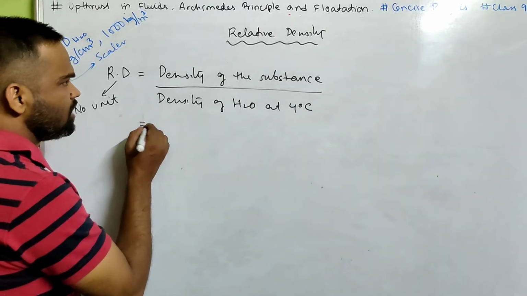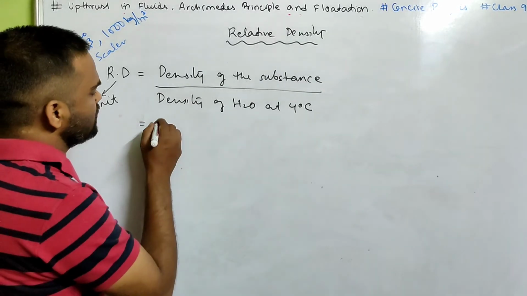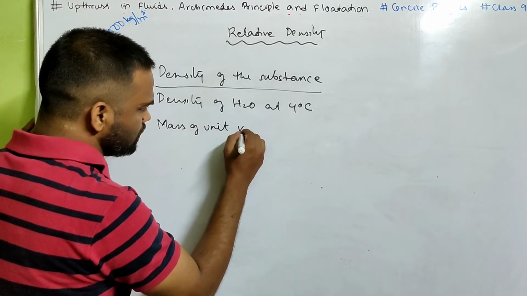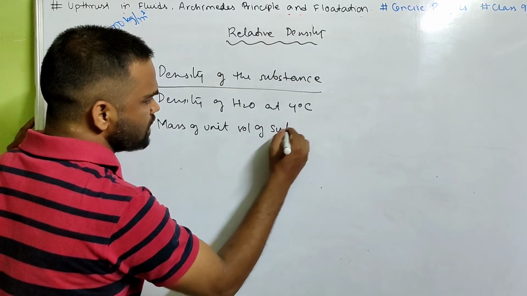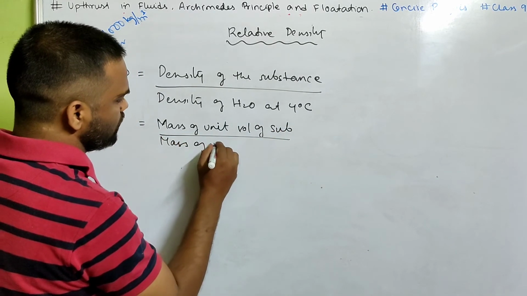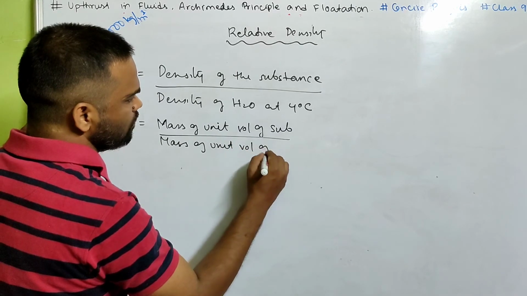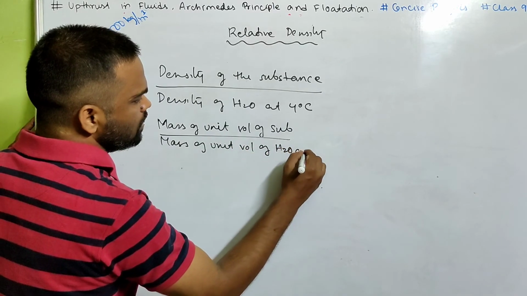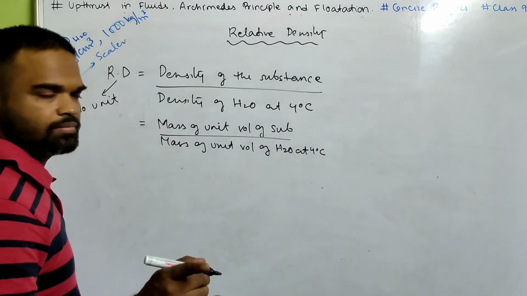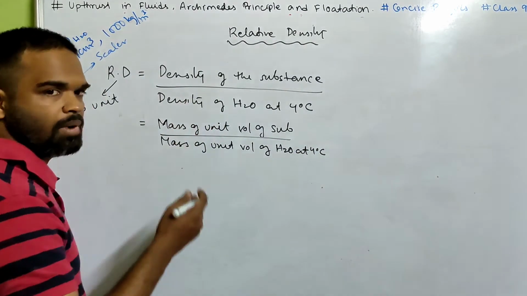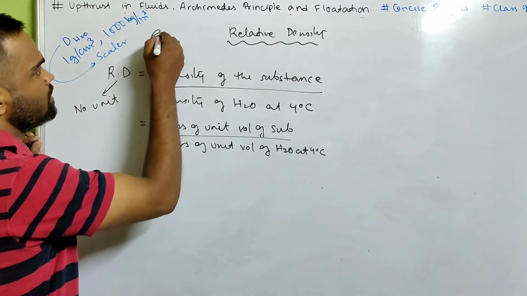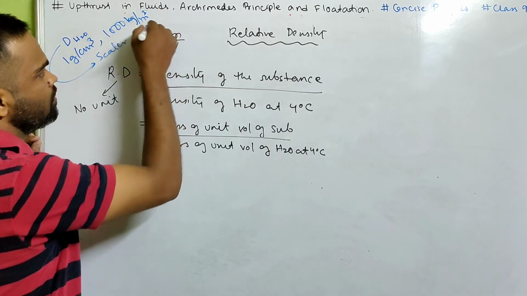Now, density of a substance, can I write it as mass of unit volume of the substance divided by mass of unit volume of water at 4 degrees centigrade? Am I clear or not? Because density is mass per unit volume.